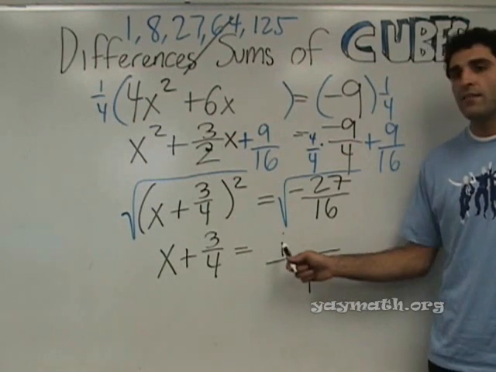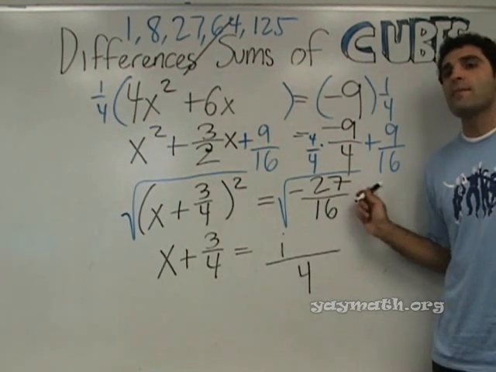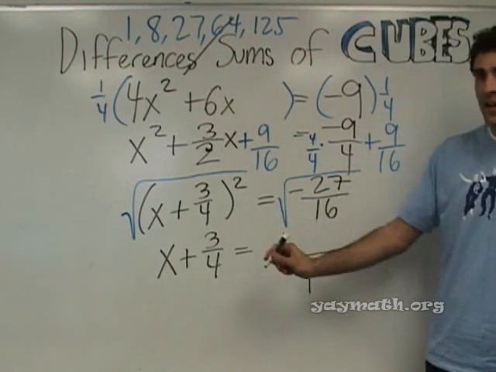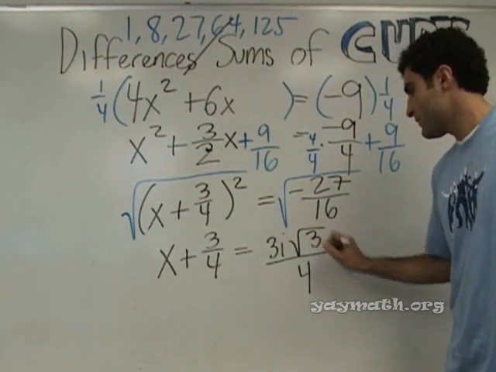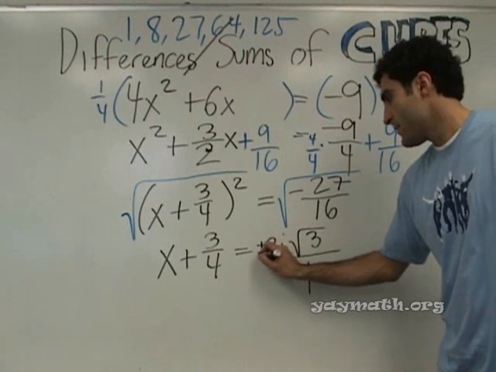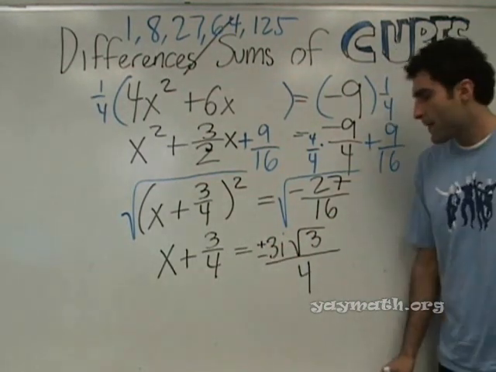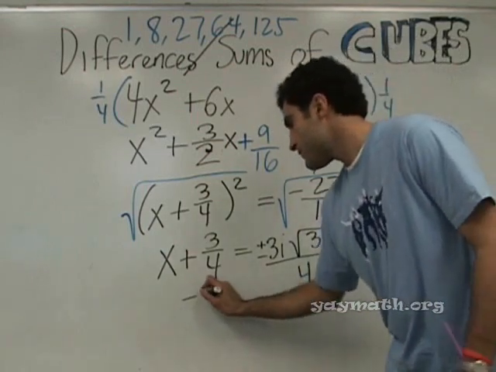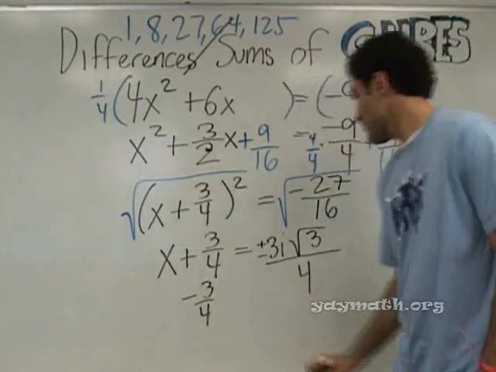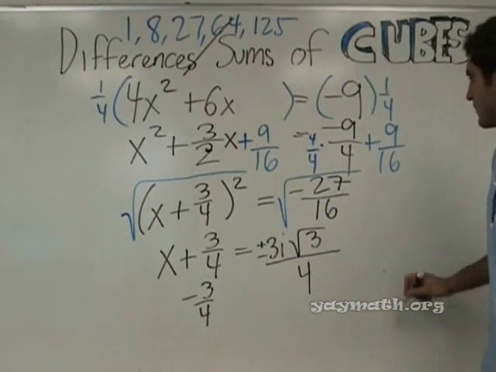So we already took the i out. 9 and 3. So square root of 9 times 3, so 3 comes out. So 3i root 3, and this is plus or minus. And then subtract 3 over 4 from both sides.